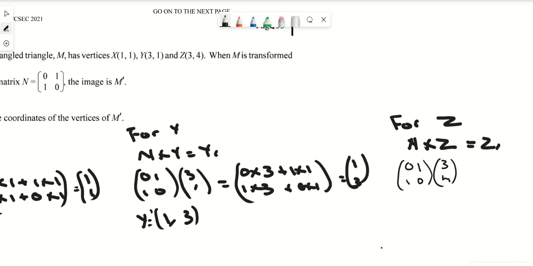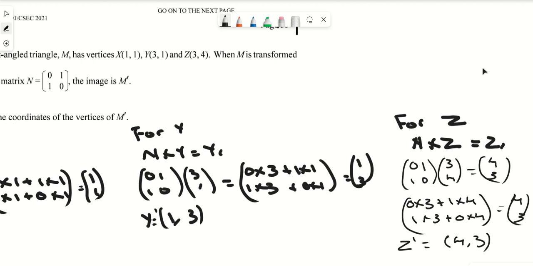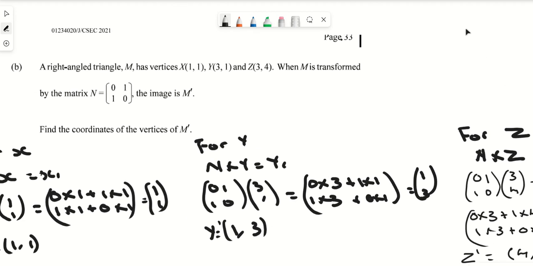And this is equal to 0 multiplied by 3 plus 1 multiplied by 4, and 1 multiplied by 3 plus 0 multiplied by 4. Right? This is equals to 4 and 3. So the image Z1 would be equals to 4, 3. And this is my answer for the coordinates of the vertices for the image M.